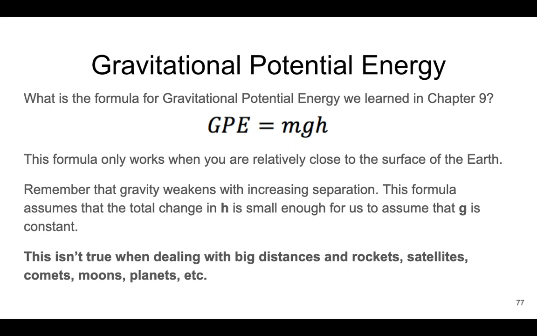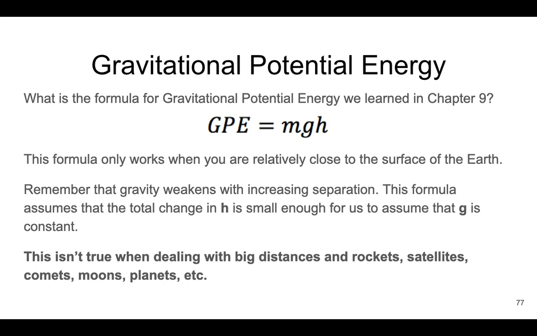That formula only holds when you're relatively close to the surface of the Earth. So remember, when you're dealing with a sphere, you treat all the mass as if it's at the center, and you measure your distances from the center of the sphere. So if you're standing on the surface of the Earth, you're essentially one Earth radius away from the center of the Earth.